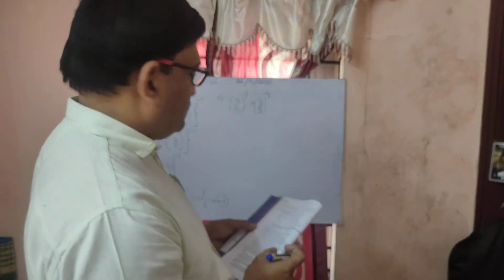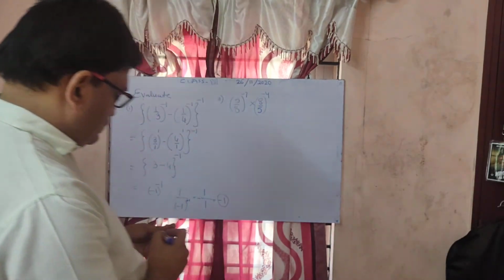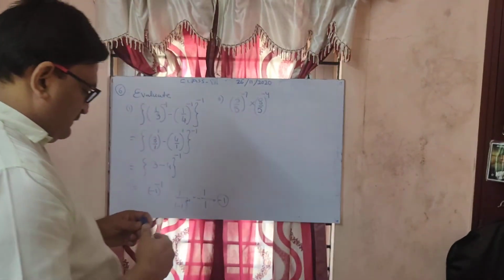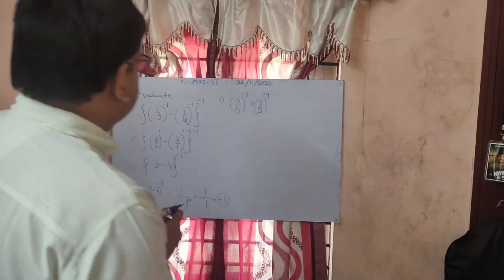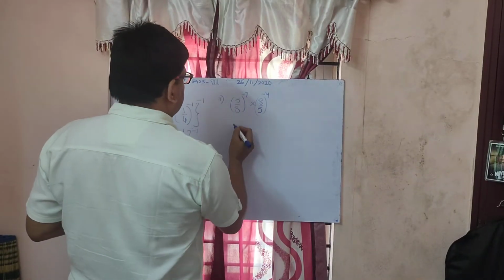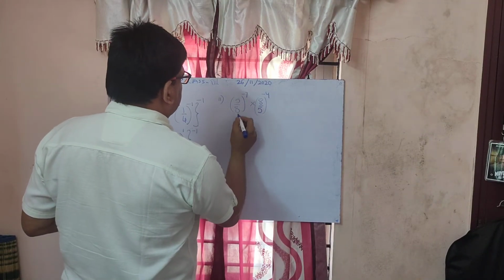Okay. Now look at the example. Now what is again the power? That is minus. The power is minus, so make it positive. So to make it positive, what you have to do?